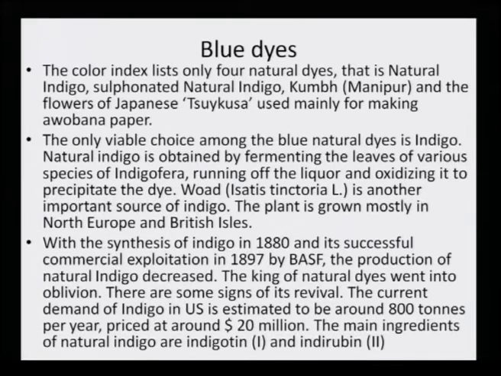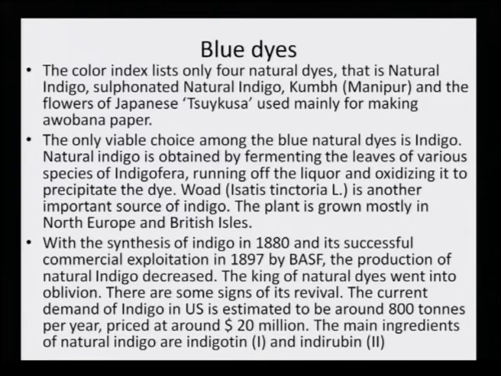The current demand of indigo in the US is estimated to be around 800 tons per year, priced at about $20 million. The main ingredients in natural indigo are indigotin and indirubin.